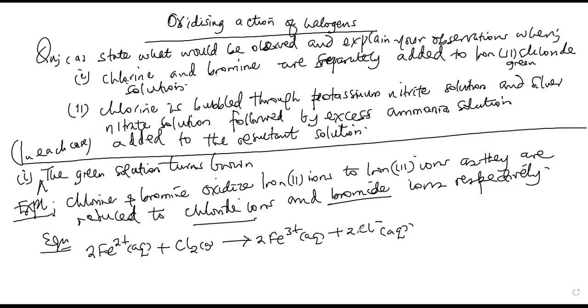That is it. For the case of the bromine, the same. So iron 2, bromine is a liquid, oxidizes it to iron 3, and the bromine is reduced to bromide.